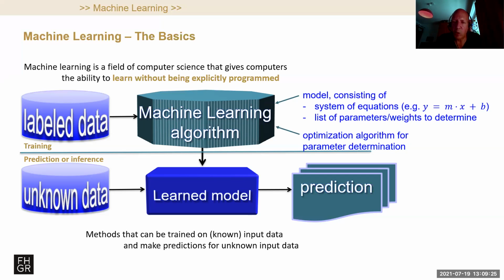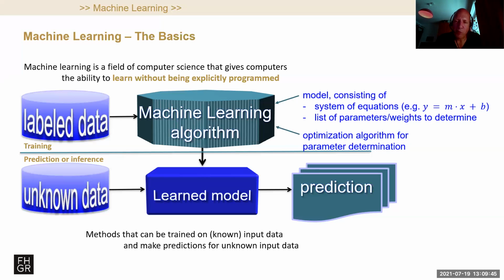And these weights, once they are fixed, can be used to predict an outcome y for unknown input data x. And of course, the machine learning algorithm cannot do anything by itself. It will not, just by guessing, come up with values for the parameters m and b.